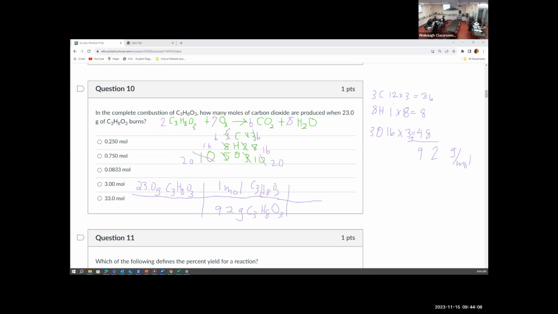And so what is the mole to mole ratio of C3H8O3 to carbon dioxide? The mole to mole ratio. The moles of C3H8O3 to the moles of carbon dioxide.